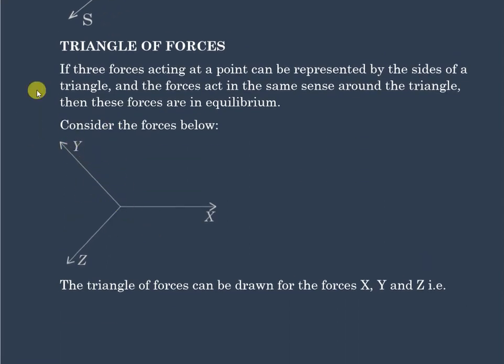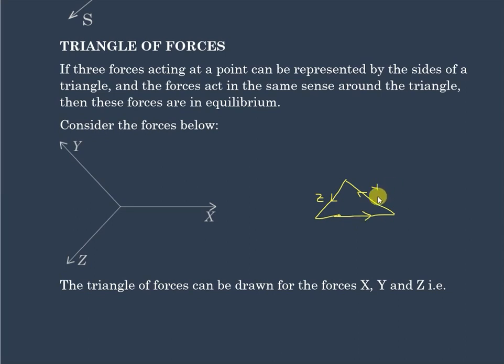Like here you have y in that direction, z in this direction, and then x in that direction. We are saying that if you can represent them like this, like you can see x there, then you have y there, and then you have z there, and the directions of the forces are in the same sense.